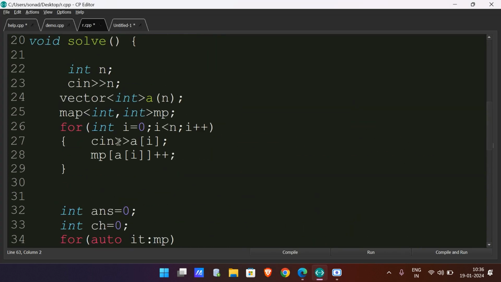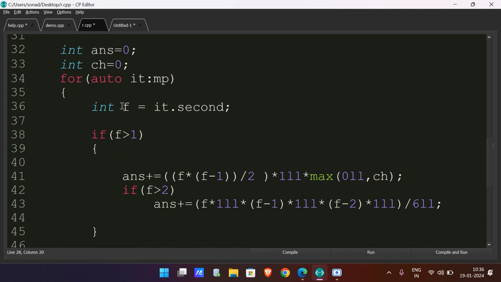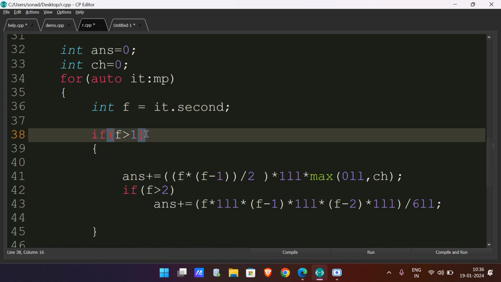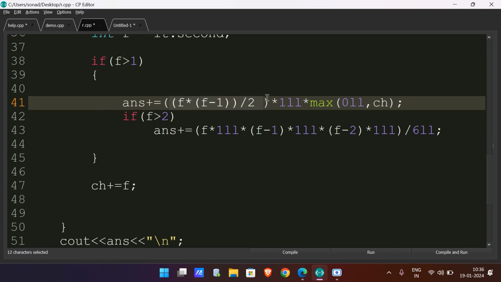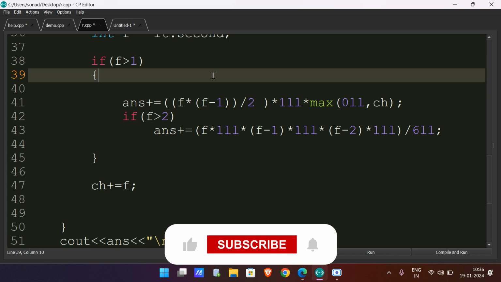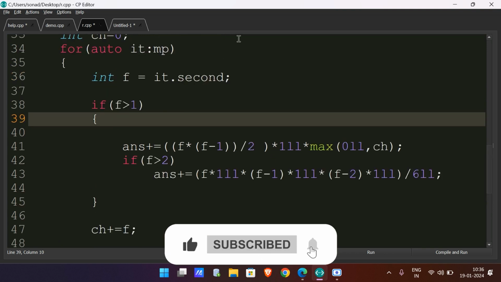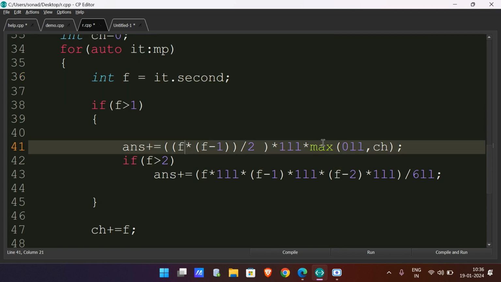What I did is I took the input, the sides, and stored them in a map. Then I'm traversing it, and this is the frequency. If the frequency is greater than 1, because I want two same sides or three same sides, then from those frequencies I can choose two sides, that is f C 2, like if I have n numbers and choose two sides from them. So in this case it is f into (f minus 1) by 2, and the lesser sides, so it's ch.